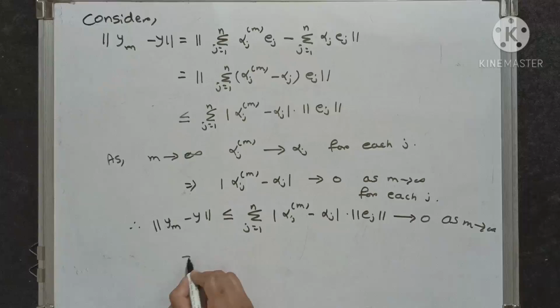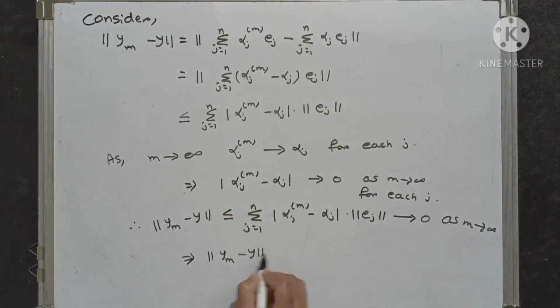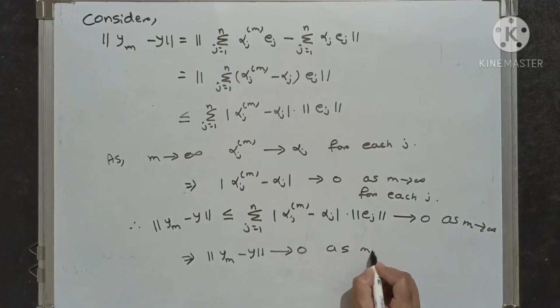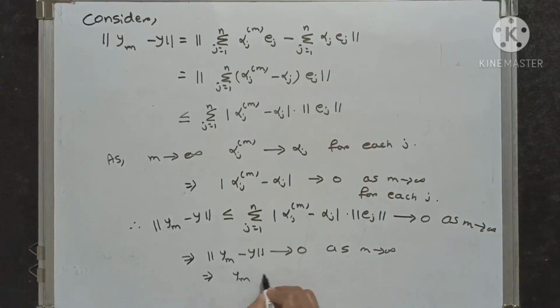This implies that norm of ym minus y goes to 0 as m goes to infinity. That is, ym converges to y as m goes to infinity.